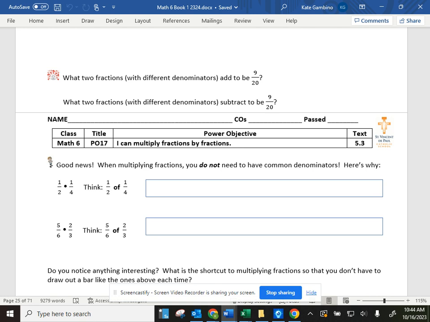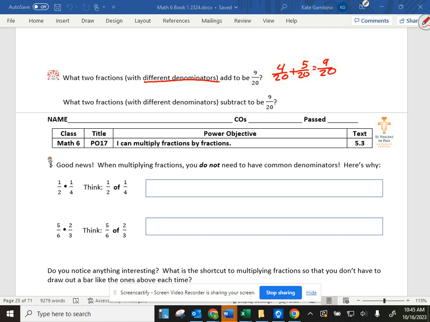Here's one way that we could do that. We could start with, well, if I had 4/20ths plus 5/20ths, I know that would equal 9/20ths. Now I can't have that as my final answer because they didn't have different denominators. But what could I do to 4/20ths and 5/20ths?